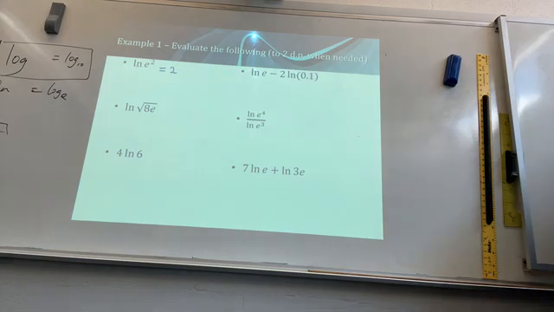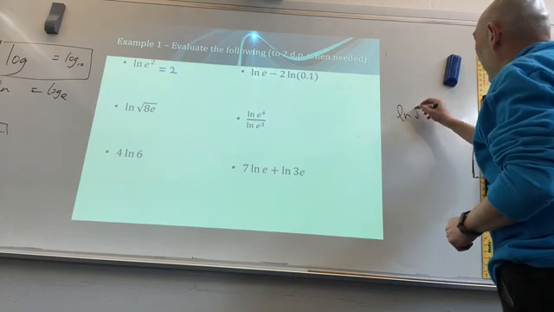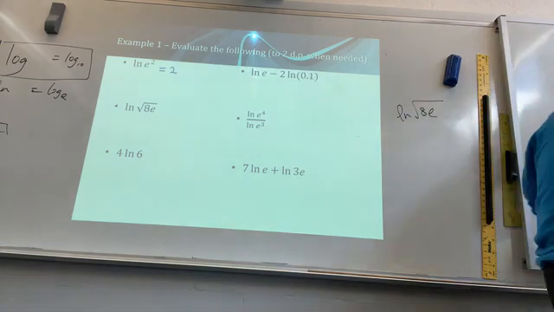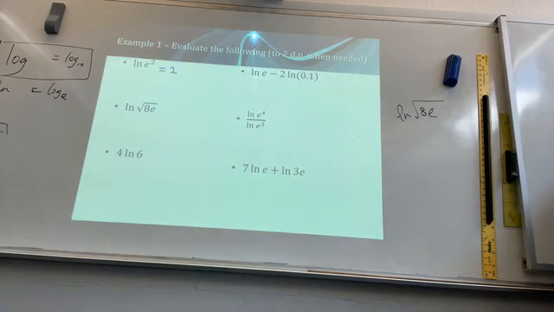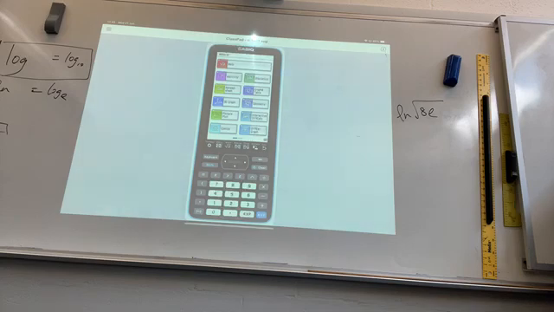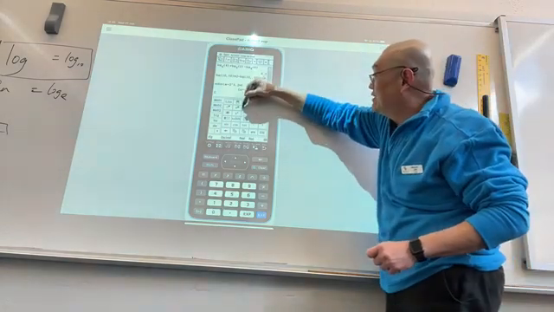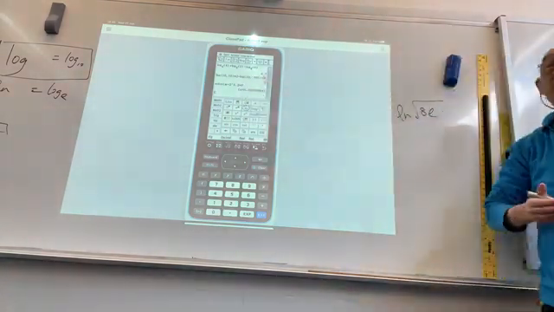If you're not sure where your calculator is, let's do ln of square root of 8e. If you go to your calculator, under keyboard, if you go to main keyboard, that little bit here, ln, that is what you need to use.